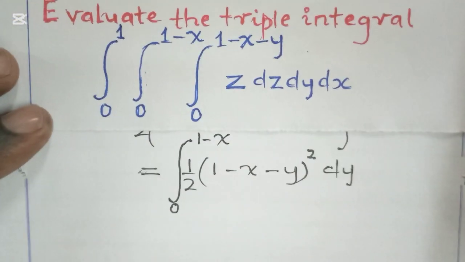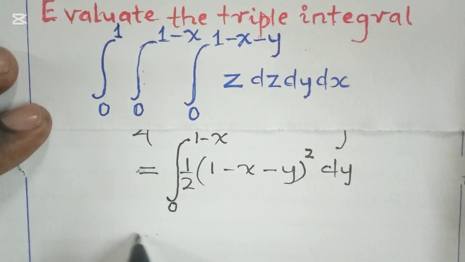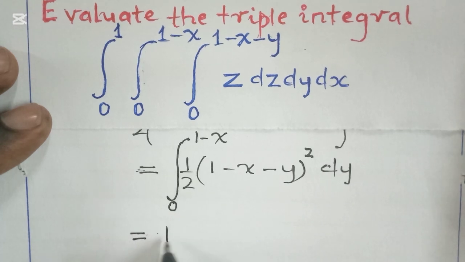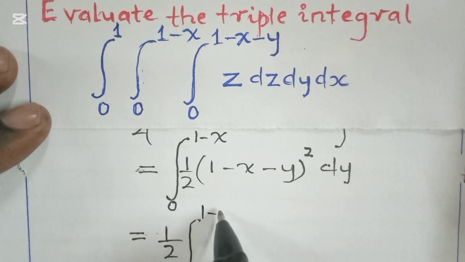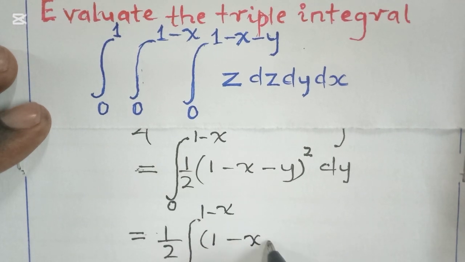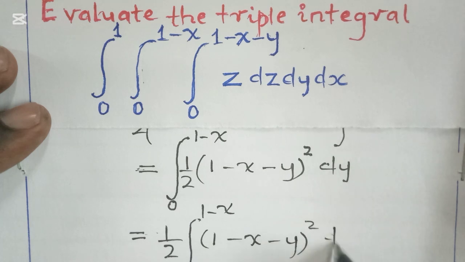So therefore, this is now going to be equal to, we can factor out the half, then we are left with the integral from 0 to 1 minus x of 1 minus x minus y squared dy.